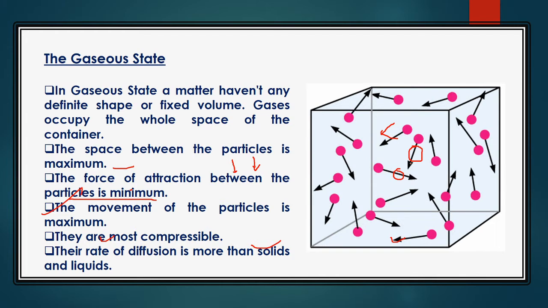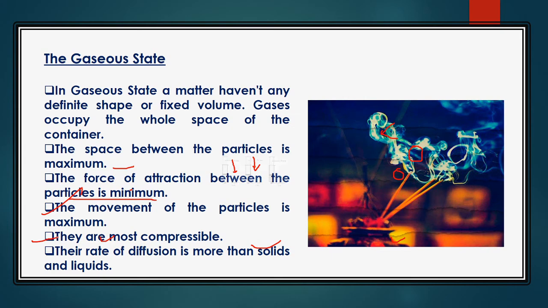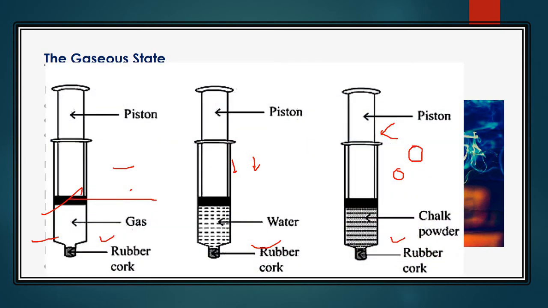The next property is that gases are most compressible. Here you can see, if you take an injection syringe and put a solid in it, here we are putting chalk powder, and try to compress the piston, it is very hard to compress.